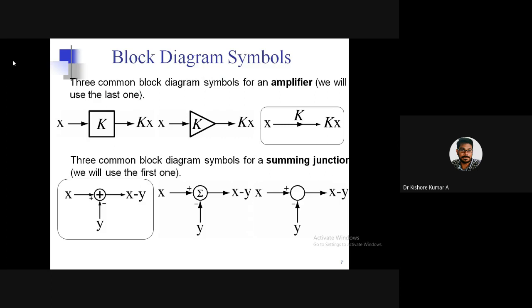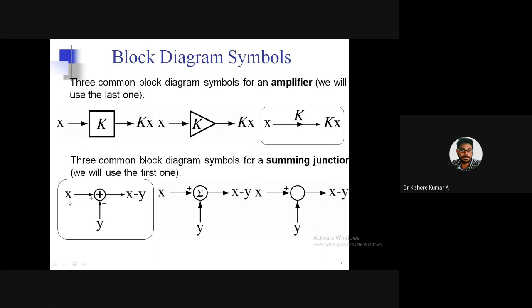And here are the block diagram symbols. There are 3 common block diagram symbols for an amplifier. K stands for the amplifier: X is given and K is the multiplication factor, so finally you will get Kx. There are also 3 common block diagram symbols for a summing junction. There are possible methods, but we can use this summer.